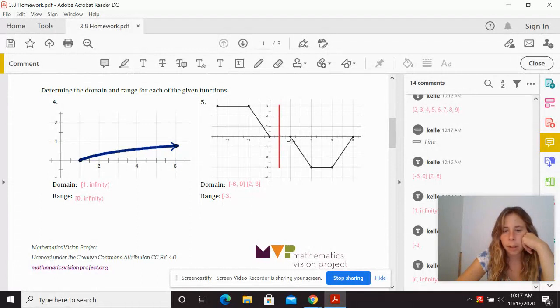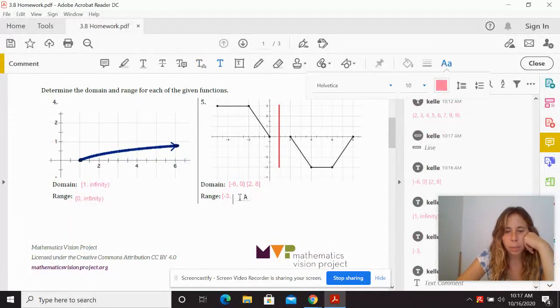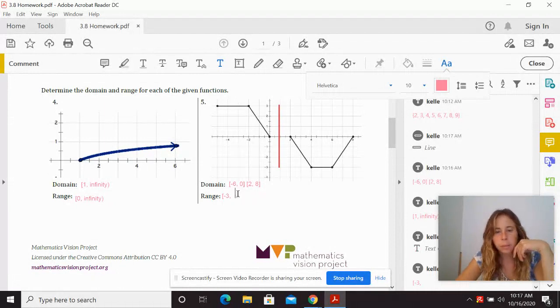And then y equals 0, I have a point. And then this one's going up. So for y, everything is covered from y equals -3 all the way up to y equals +3. Can we just write it right next to it, please? Nope. There, close enough. 3.